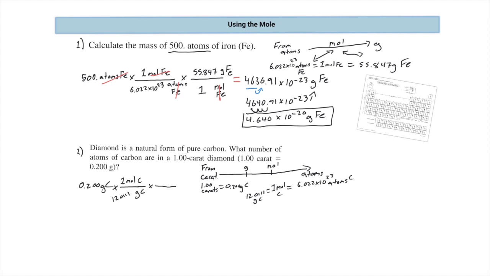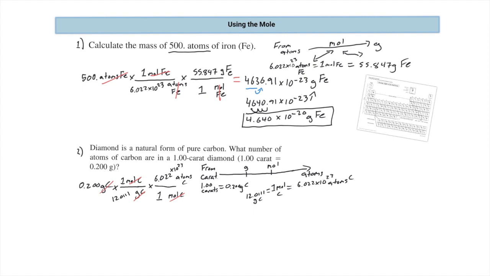Moles of carbon needs to go on the bottom here. And atoms is what we want to get to. And that's 6.022 times 10 to the 23rd on top. Cancel. Make sure we set this up right. Indeed we have. I just forgot my 1 on the bottom.